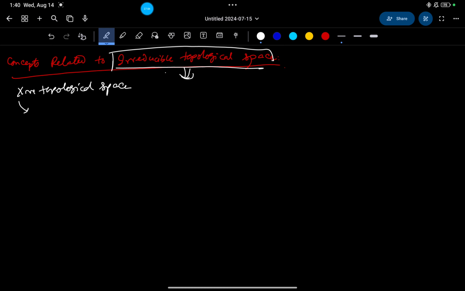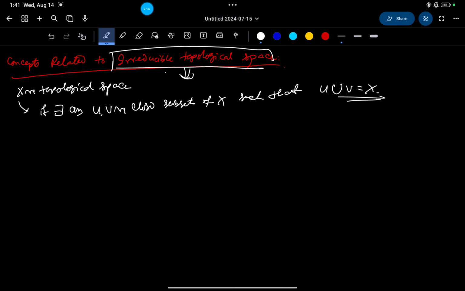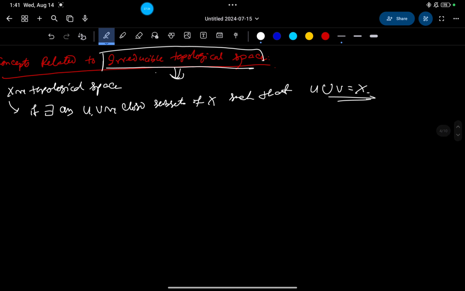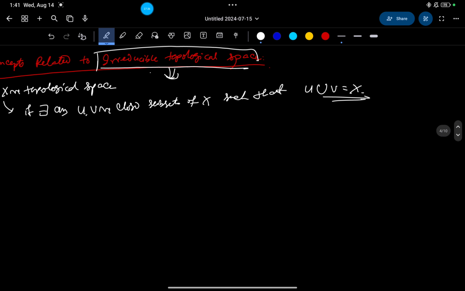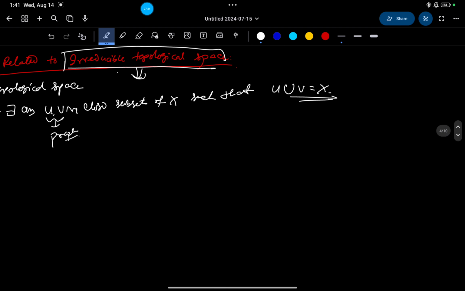Then it is said to be irreducible if there does not exist any U, V, which are closed subsets of X such that U union V is X. So that means I cannot write X as a union of two proper closed subsets, right?